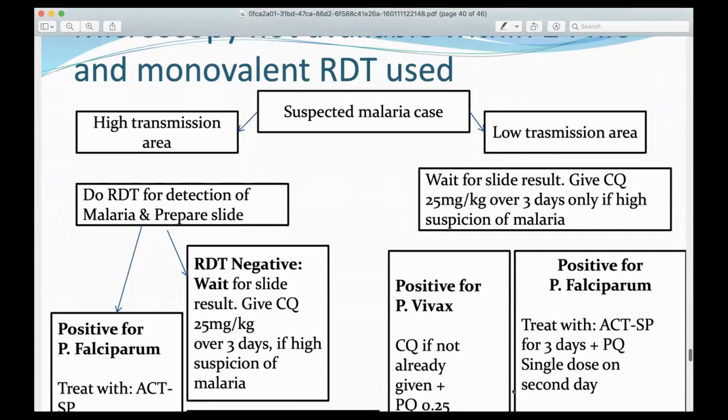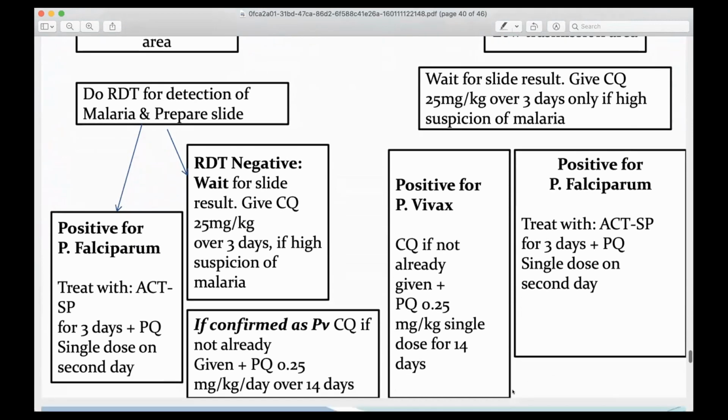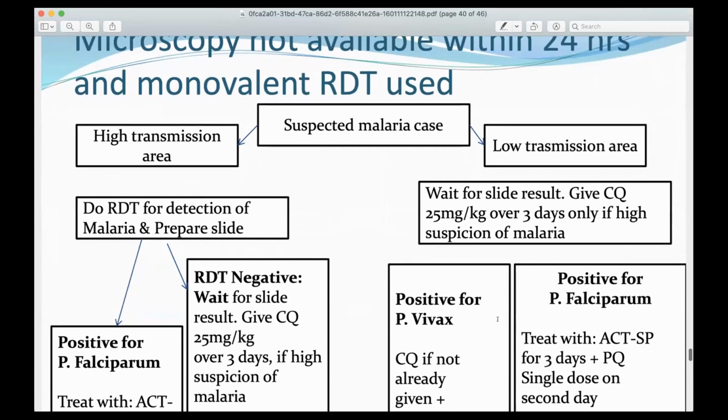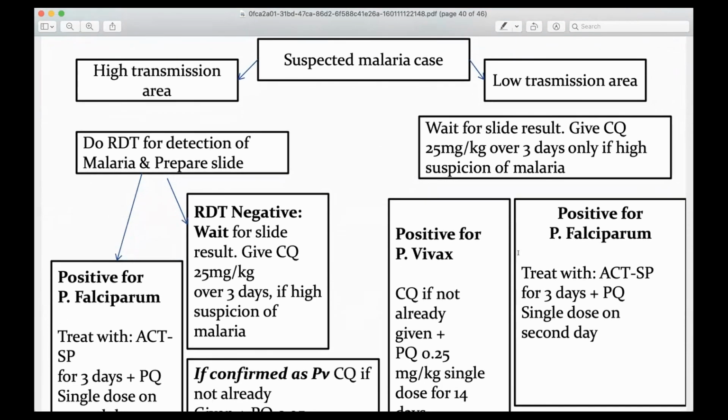If microscopy is not available within 24 hours and a monovalent rapid antigen test is there, then you do the rapid antigen test for falciparum malaria. Then the same regimen applies. If it is negative but highly suspected, go for chloroquine treatment, and if confirmed, then go for the regimen according to species. If it is a low transmission area, wait for the slide result, give chloroquine.